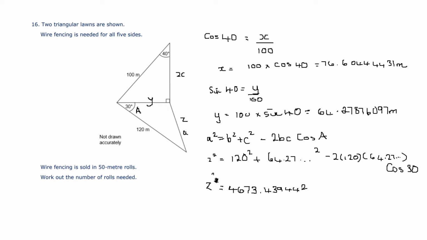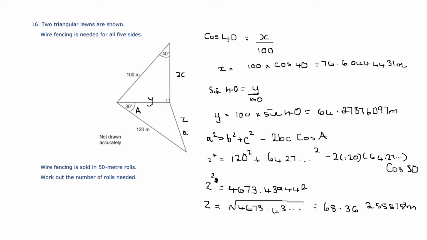So that would be Z squared. So Z will be equal to the square root of that. So Z is 68.36 metres, approximately.